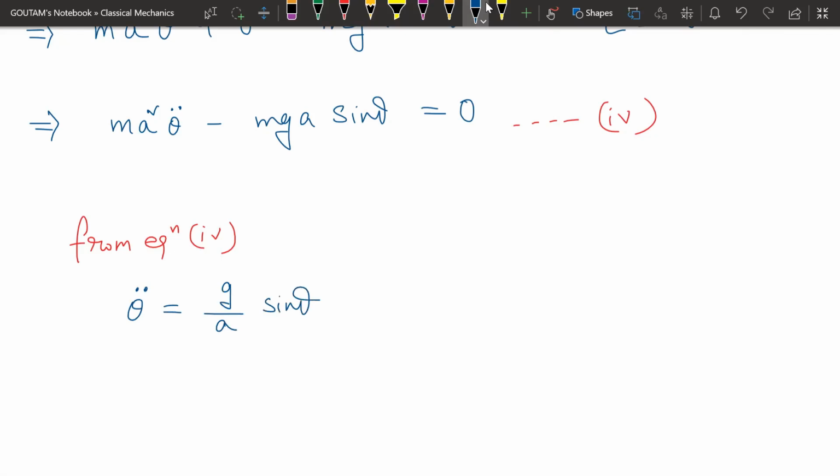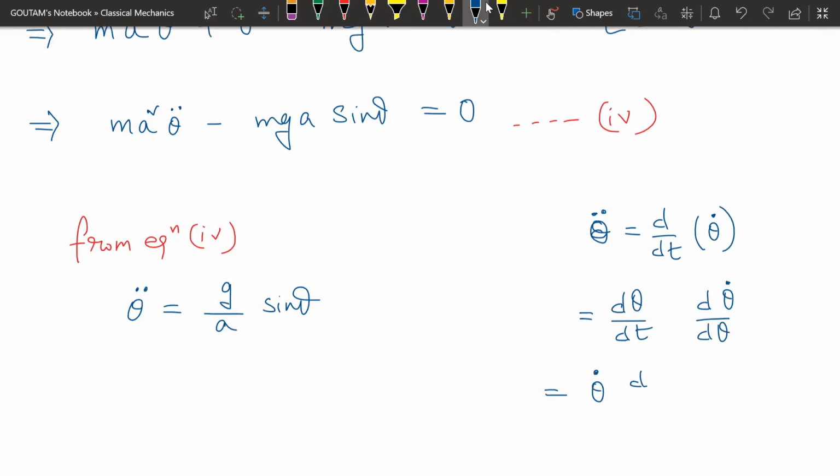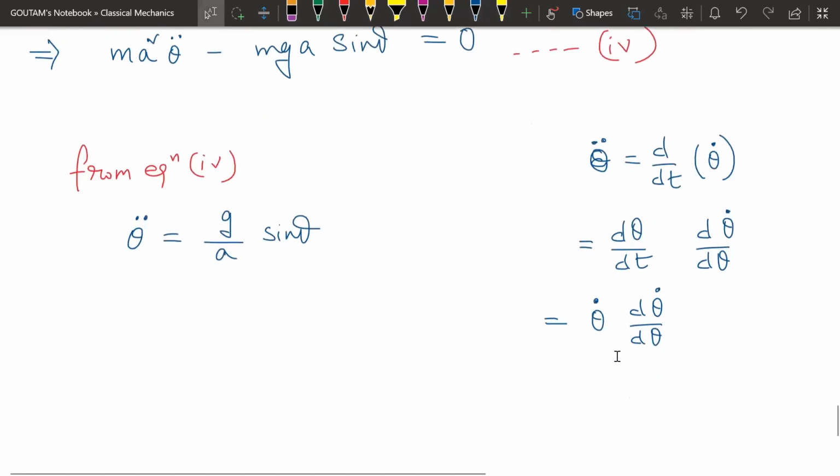Now what is theta double dot? Theta double dot means d/dt of theta dot. It means d theta/dt times d theta dot/d theta, which equals theta dot times d theta dot/d theta, because d theta/dt means theta dot.